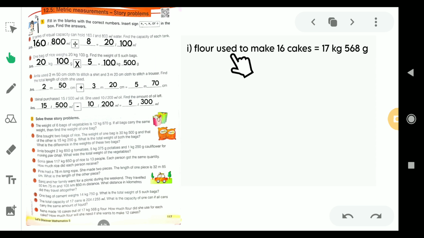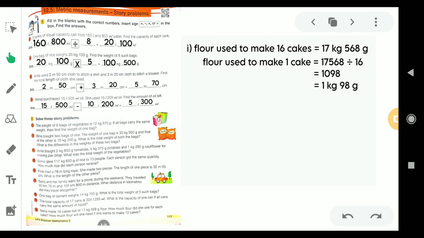So the flour used to make 16 cakes is this much, that is 17 kg 568 gram, but she wants to find out what amount of flour is required for making one cake. So for that, the total quantity must be divided by 16, that is 17568 divided by 16, and the quotient would be 1098. It clearly shows that for making one cake she needs 1 kg 98 gram of flour, right?